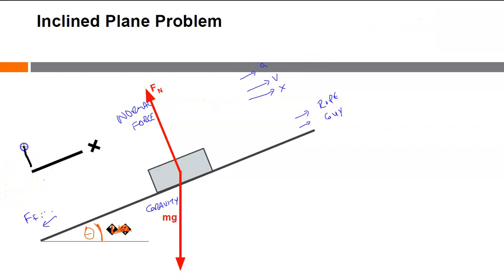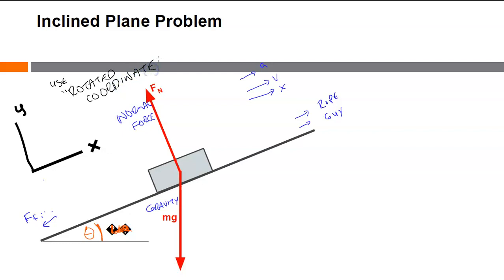This is going to be the XY coordinate system that I have for this problem right here. And if I do that, we call that a rotated coordinate system. And this rotated coordinate system is really, really nice because it fixes all of that for us. Use a rotated coordinate system.